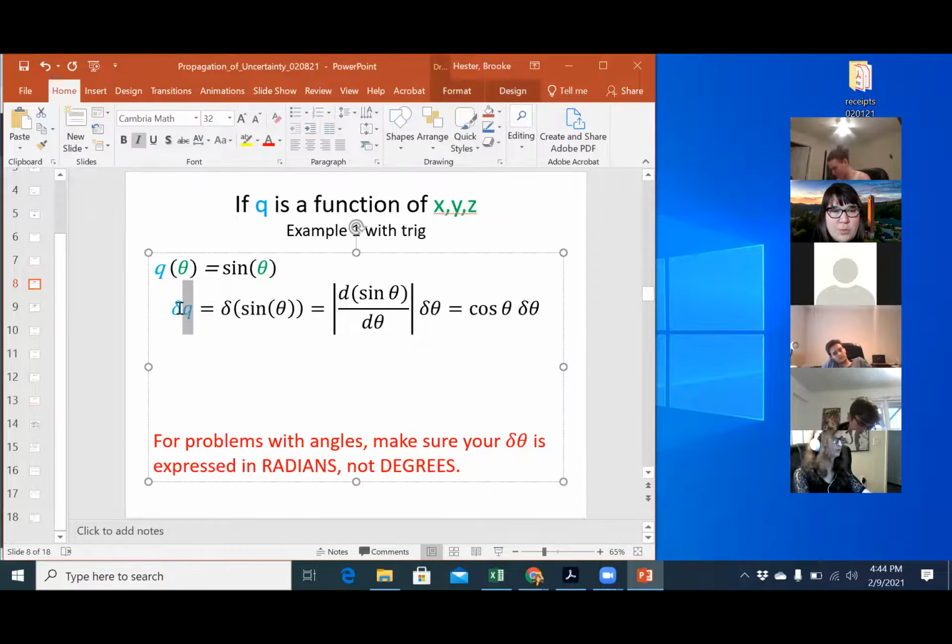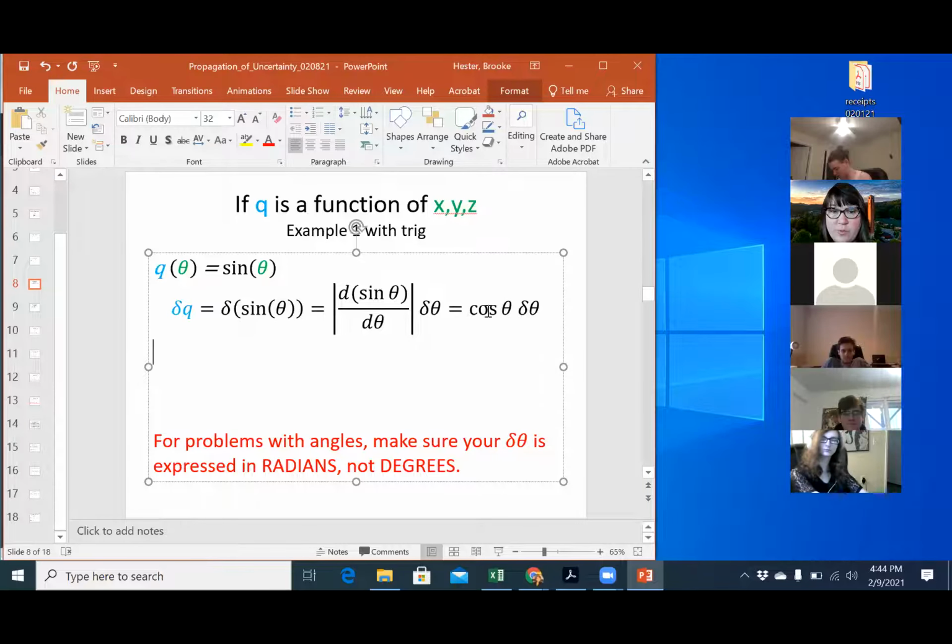So our uncertainty in q is equal to the derivative of the sine of theta with respect to theta times delta theta, the uncertainty. So we know the derivative of sine of theta with respect to theta is cosine theta. And that is what we substitute here.